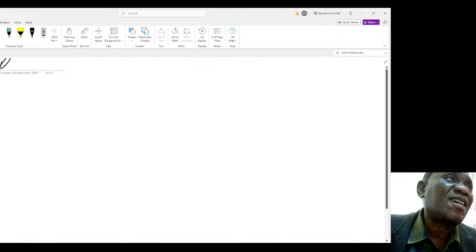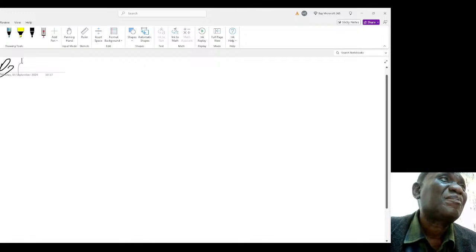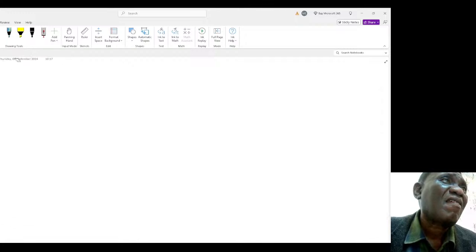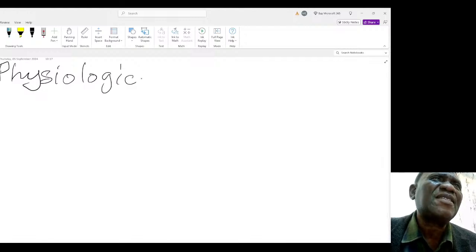So, physiological basis of herbicide selectivity.